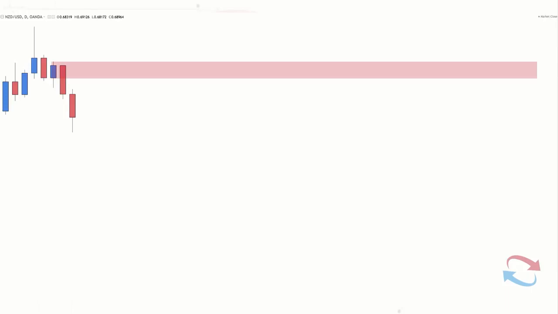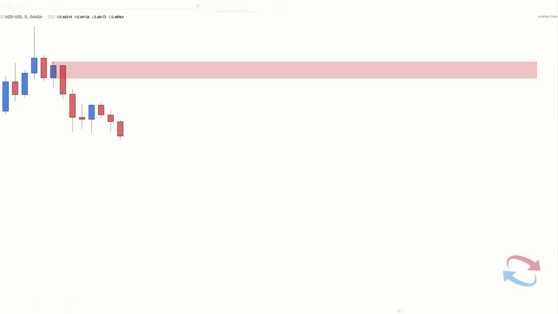So this is our lower high, lower low sequence, and it's also broken below that candlestick there. As we see this lower high, lower low, this area is where we're going to be drawing our demand zone. All right, so we get our demand zone right there.